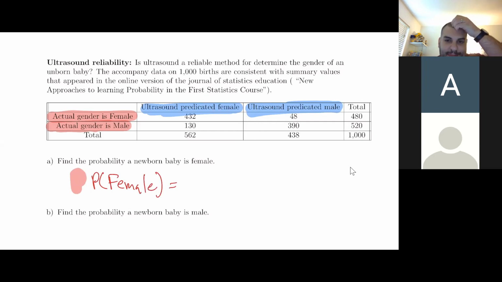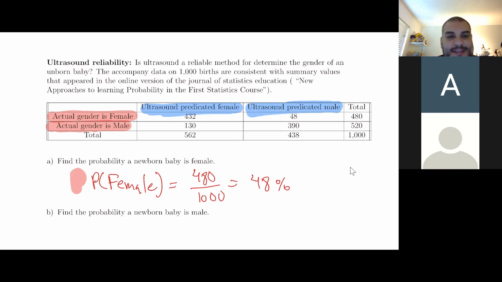How many female babies did we actually get? 480. And you'll divide it by 1,000. So you get 48%. That's it for A. Any questions for A?